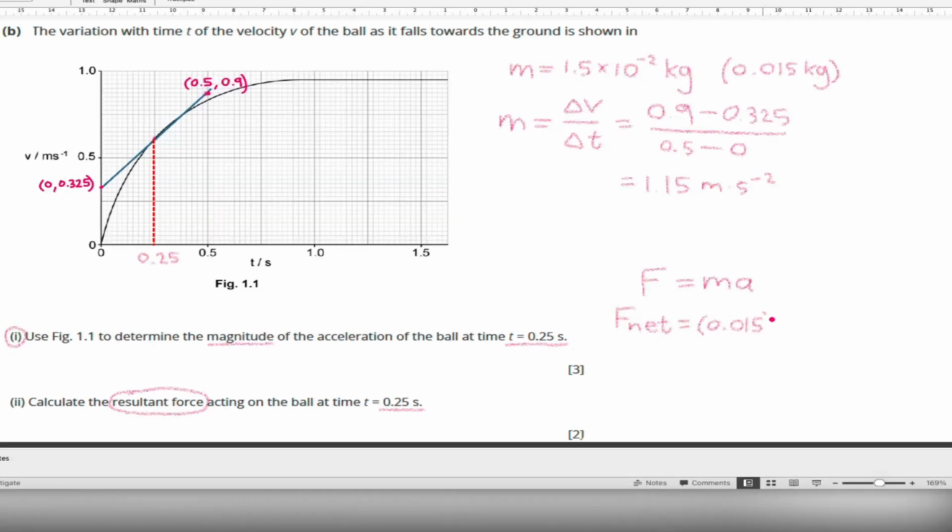What is the acceleration? We just calculated it. It's 1.15. If you multiply these two quantities together, you will get an answer of 0.017 Newton. And the direction will be towards the ground. You will be awarded 1 mark here for showing that you knew how to draw a tangent, and another for having tried to find the gradient, even if you don't get the correct answer. So it's important to actually show your working.